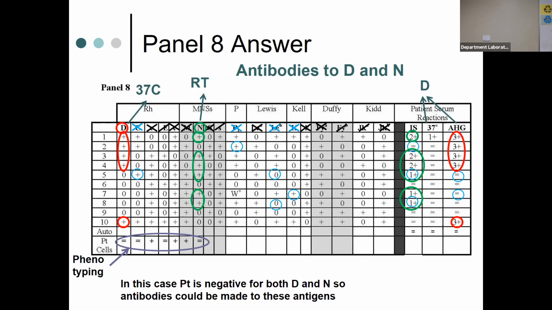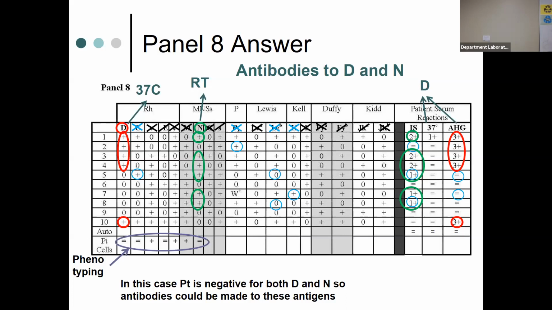So we can conclude that our initial spin reactions are due to N. That explains our initial spin reactions. But what do we think about these reactions, this one right here at 37 and then the AHG reaction? Does it match one antibody perfect? Matches D perfect, right?